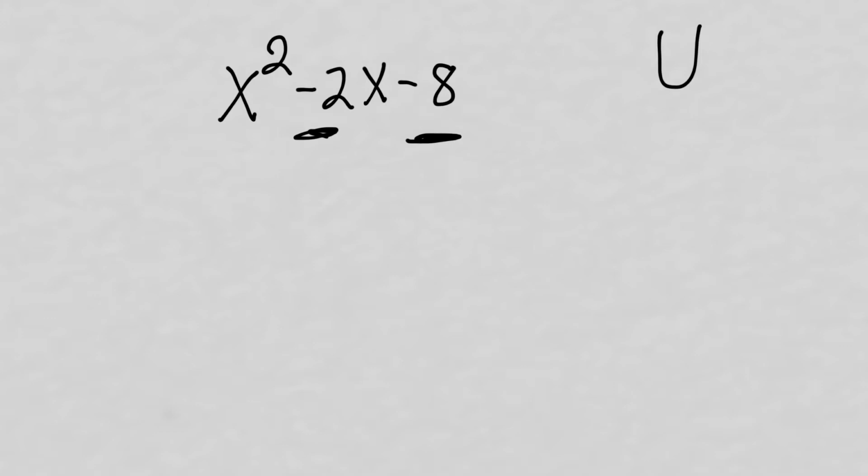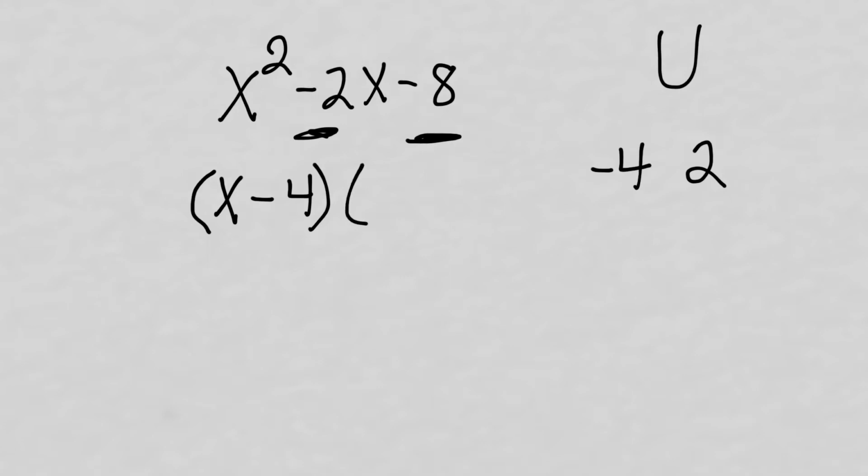The numbers I'm looking for are -4 and +2. -4 times 2 is -8, and -4 plus 2 is -2. As you remember, it looks like this.